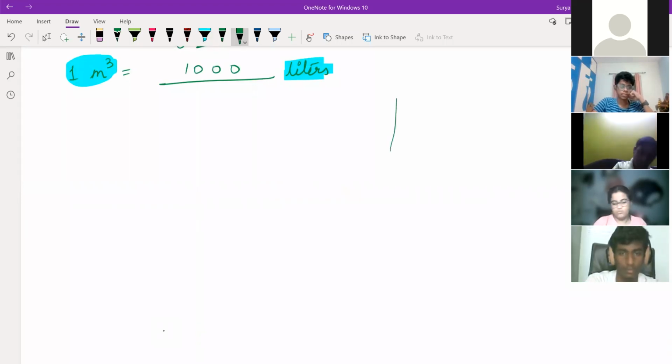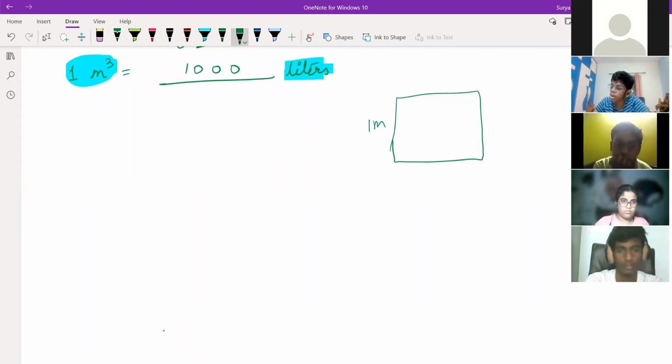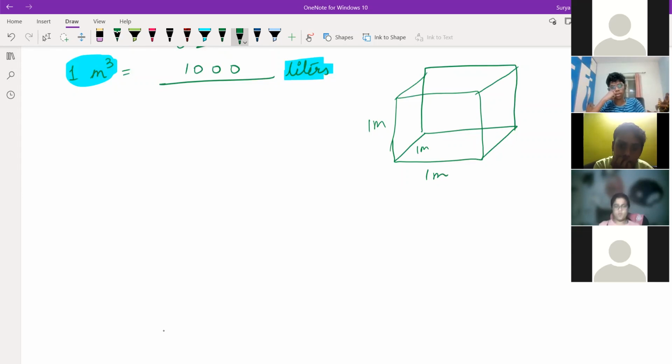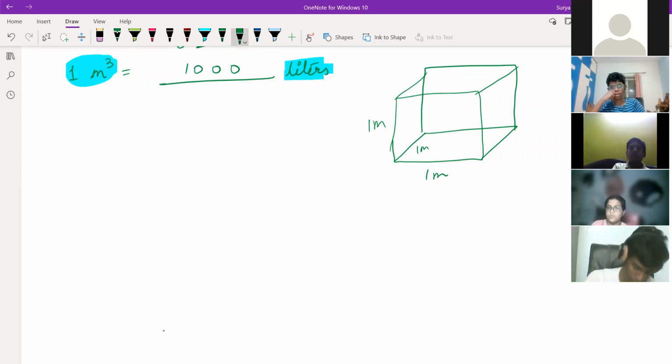See, if you are having a cistern where 1 meter is your height, 1 meter is your length, and 1 meter is your width. Sir, 1/1000 liters is for 1 centimeter cube. Yes, that's correct, 1 centimeter cube is equal to 1/1000 liters.